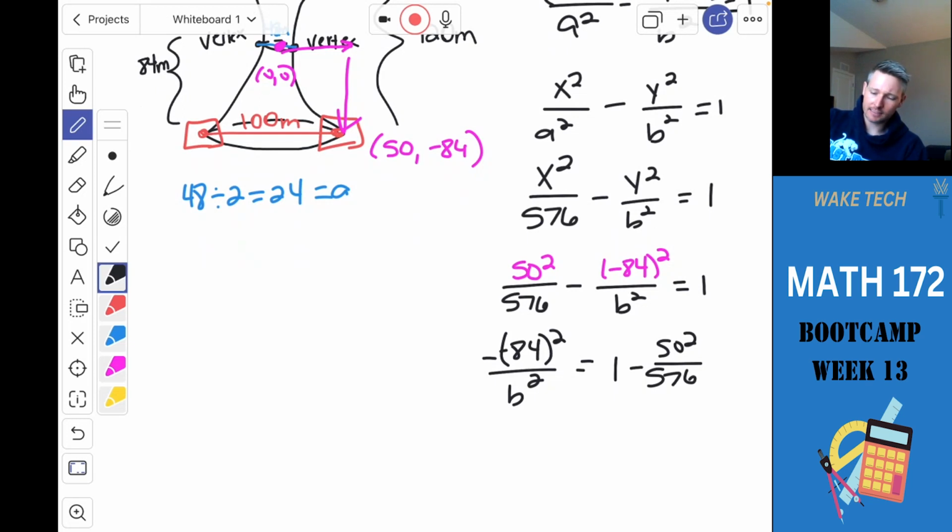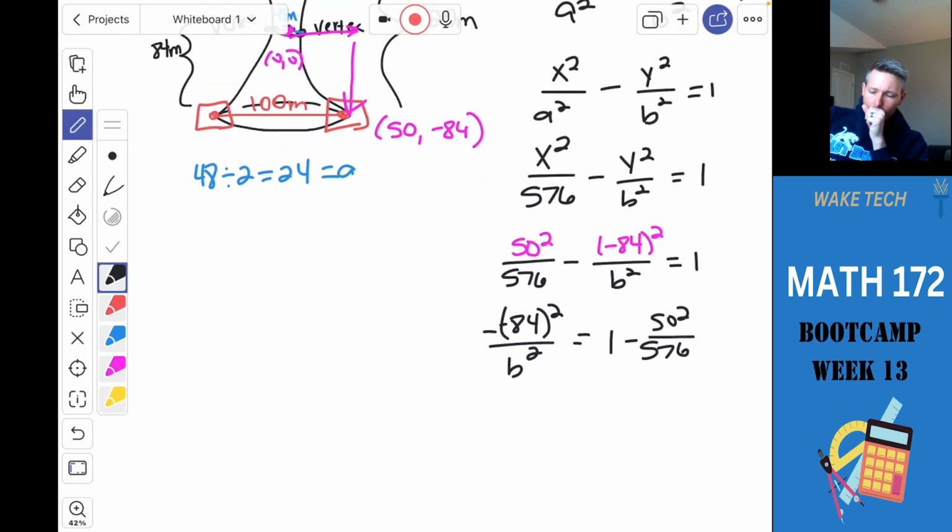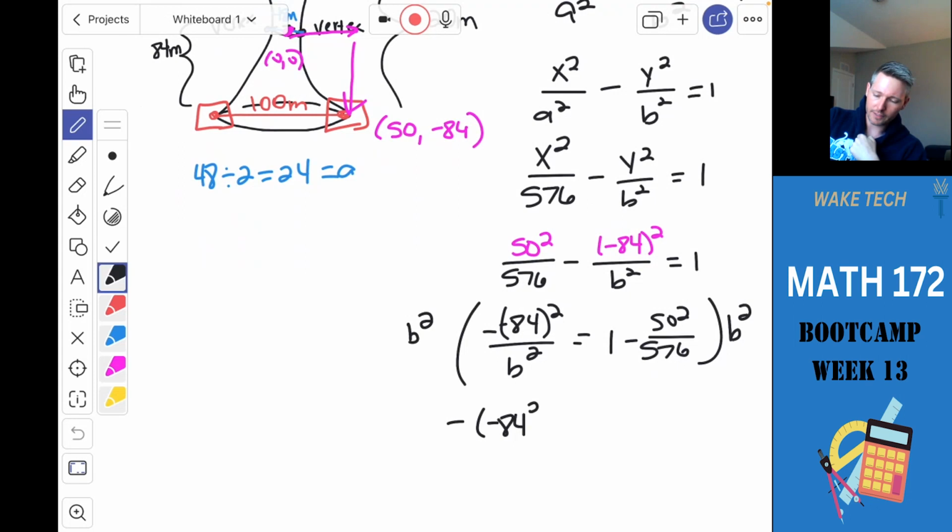So what I'm going to do next is multiply both sides by b squared. So that negative 84 squared is equal to 1 minus 50 squared over 576, times b squared.